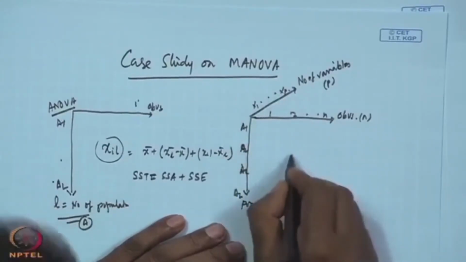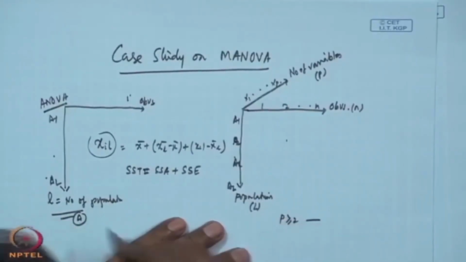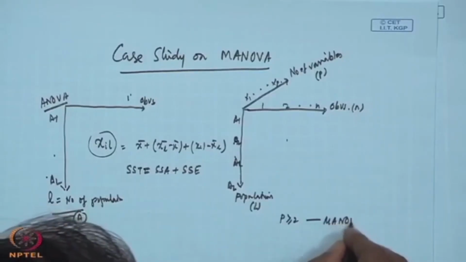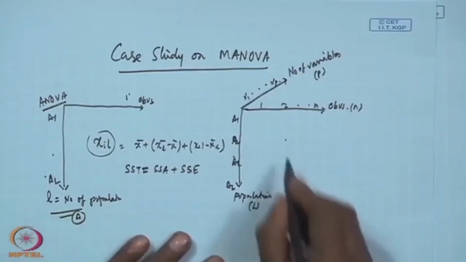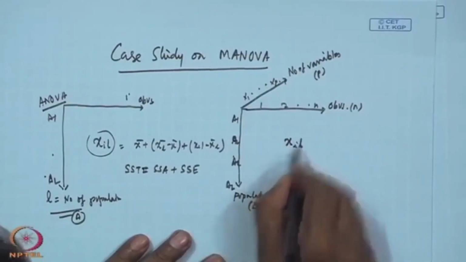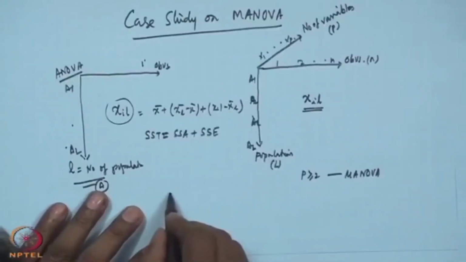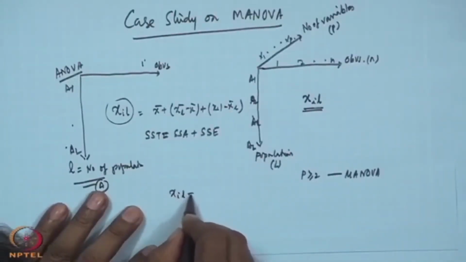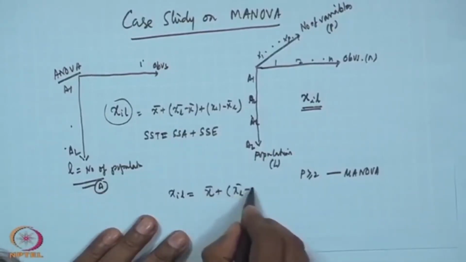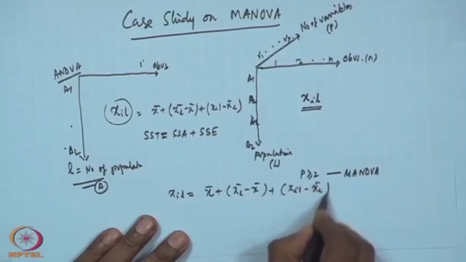So when p is greater than or equal to 2, the issue is no longer ANOVA, it is a MANOVA issue, multivariate analysis of variance. Our notation is similar to ANOVA, but this quantity is a vector quantity, and we have described it in the same manner: X bar plus X_l bar minus X bar plus X_il minus X_l bar.